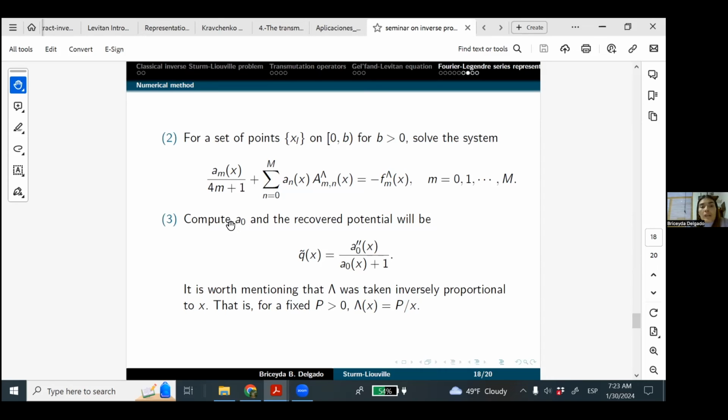We only need the A0 coefficient obtained from here, and we can recover the potential. The recovered potential can be denoted by q tilde and will be A0 second derivative of 0 divided by A0 plus 1. All this information comes from the system.